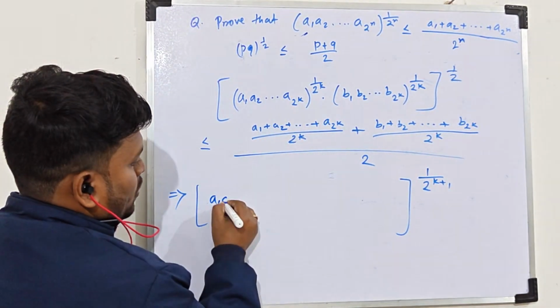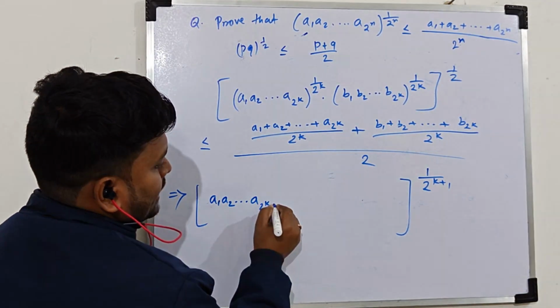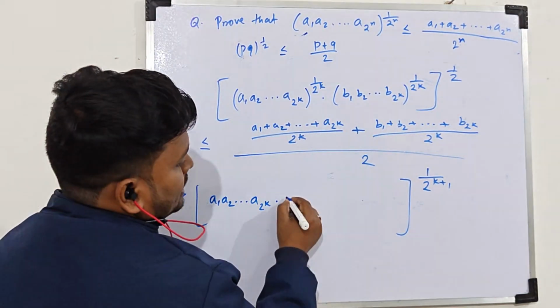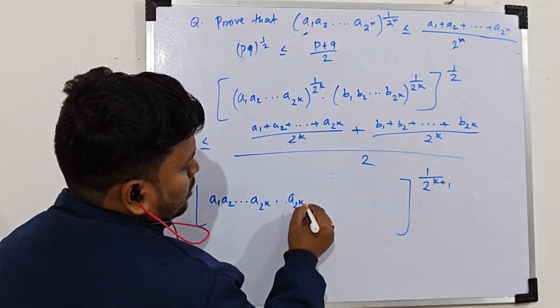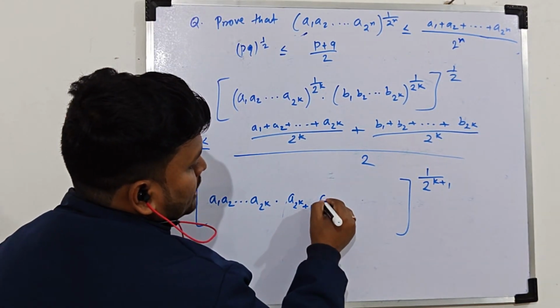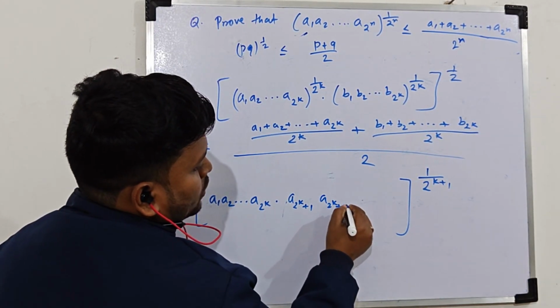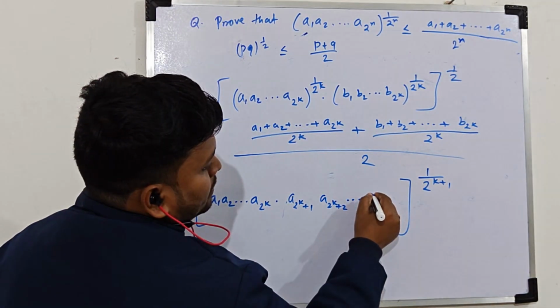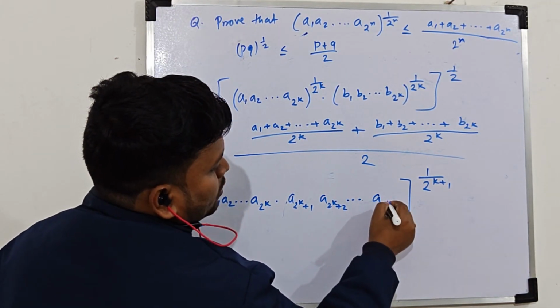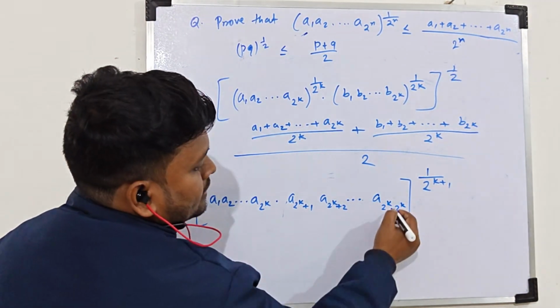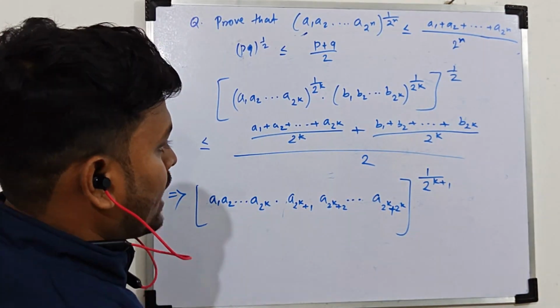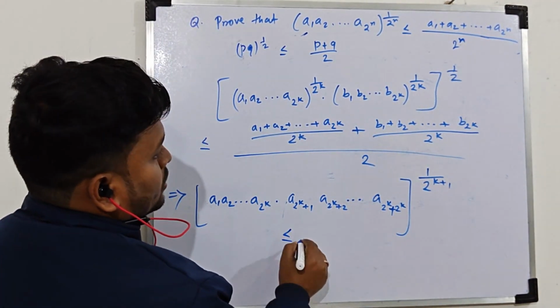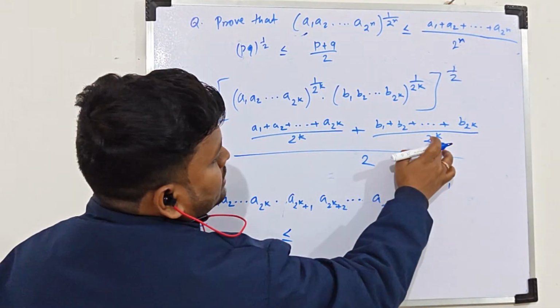That means a1 a2 dot dot a_{2^k}, and b1 means a_{2^k+1}, b2 means a_{2^k+2}, up to b_{2^k} means a_{2^k+2^k}, and less or equal to this divided by this divided by this.